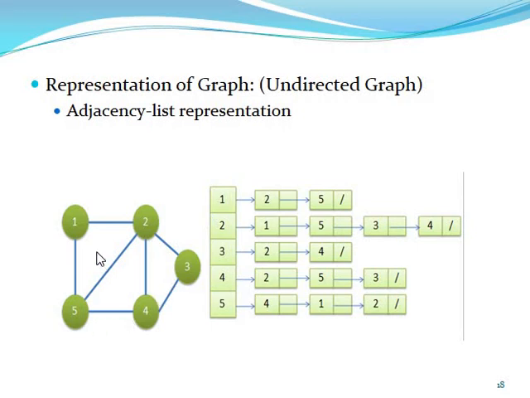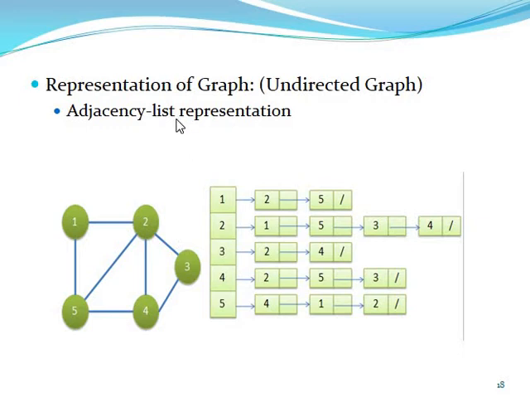Here you have seen one graph denoted with the nodes 1, 2, 3, 4, 5, which are connected to each other by some edges, but the edges do not represent any particular direction, so it is called undirected.